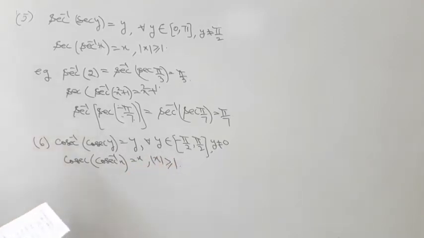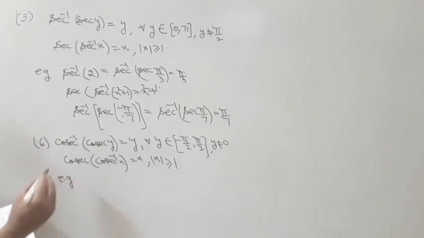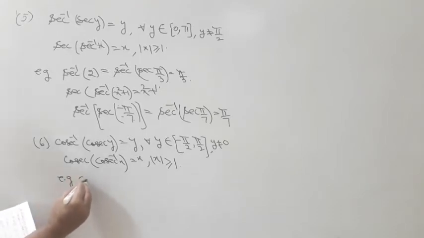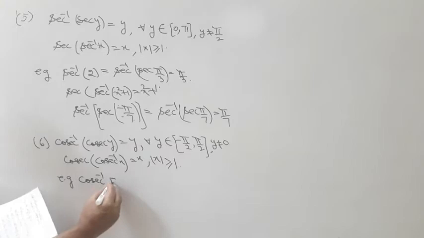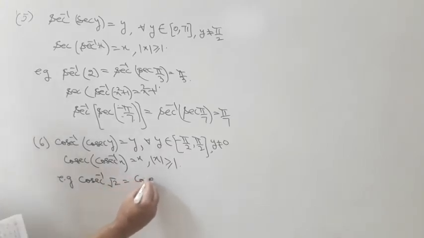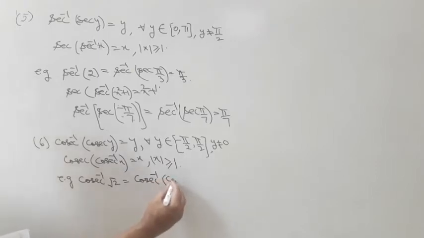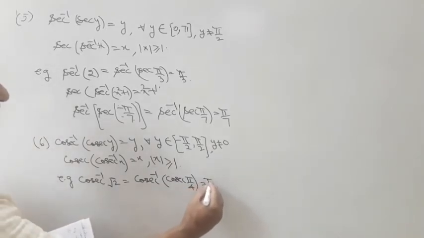Now correspondingly you can take one or two examples. For example, you can put cosecant inverse of under root 2. Cosecant inverse of under root 2 is cosecant inverse of cosecant pi by 4, and the value is just pi by 4.